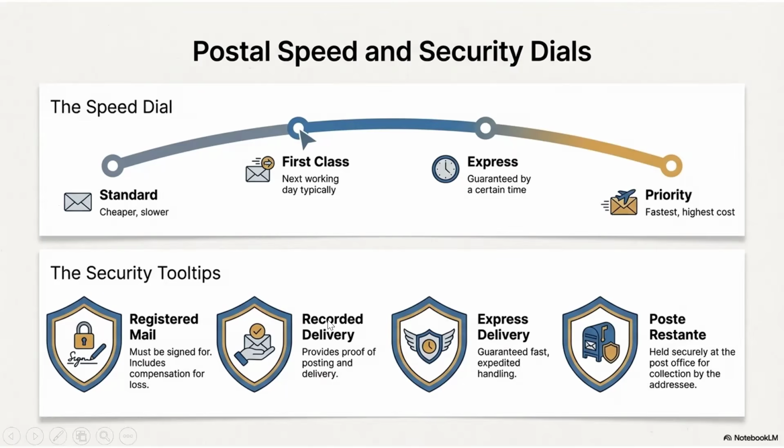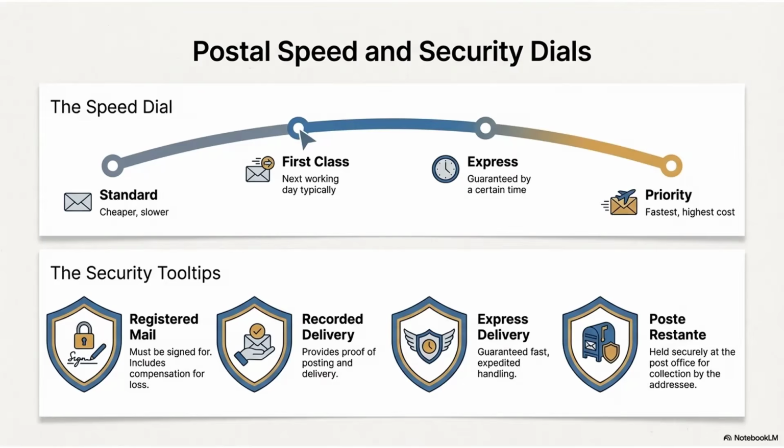We have different types of mail as well. If you have registered mail, it must be signed for. When they deliver, the person has to sign a statement that they got it. It records the delivery and provides proof that the mail was sent and that it was delivered.